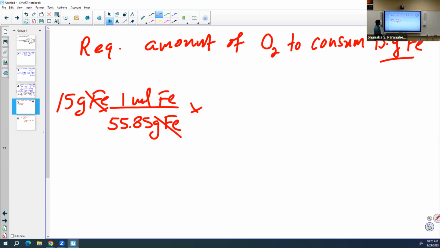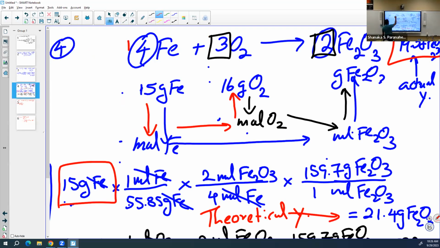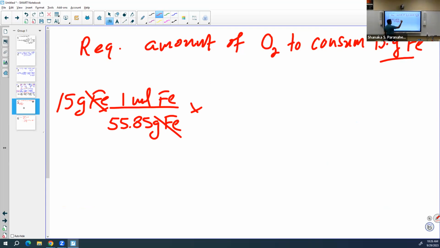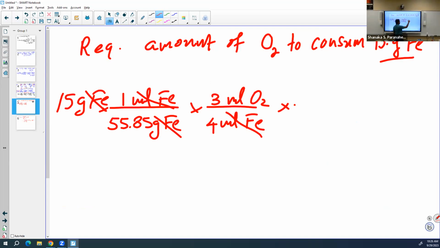Then iron to oxygen, that's the direction we are going. Iron is 4 and oxygen is 3, so 4 moles of iron produce 3 moles of oxygen. And the last one is moles of oxygen to grams of oxygen, 1 mole of oxygen, 32 grams of oxygen.